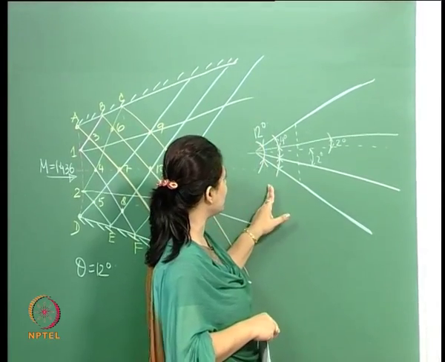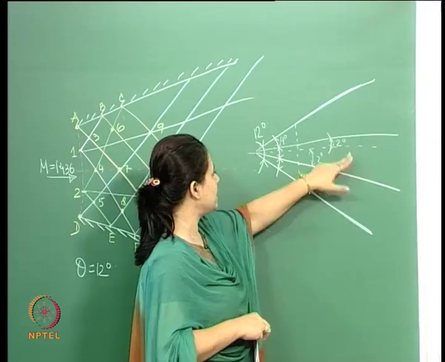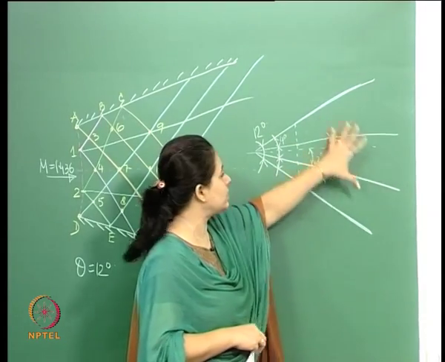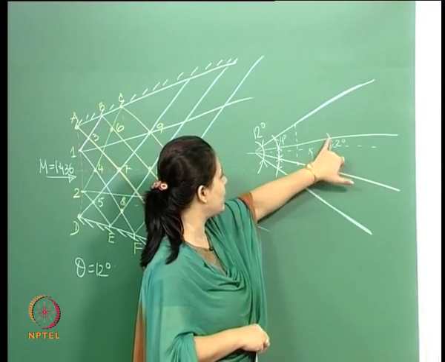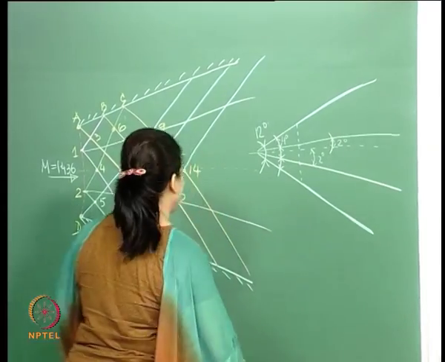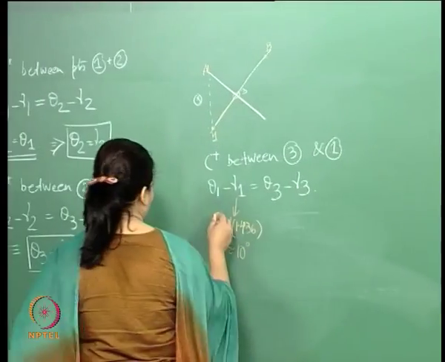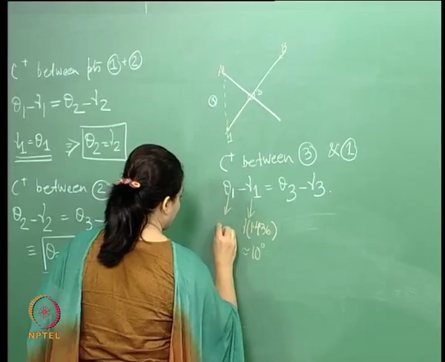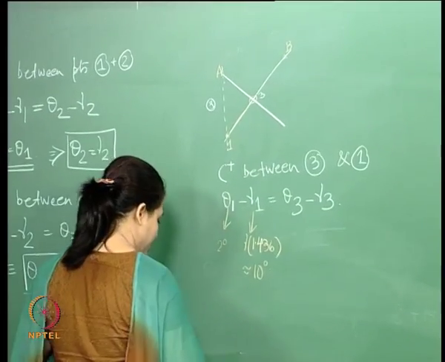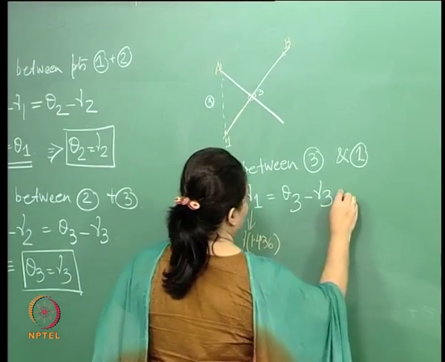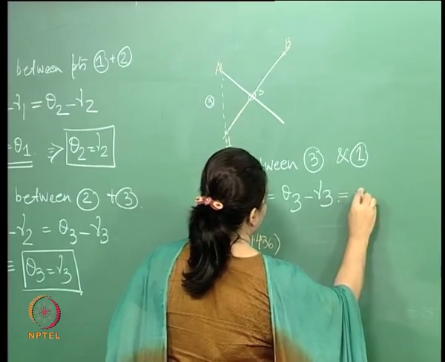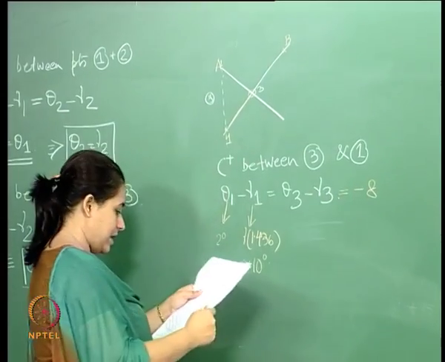This is given to us, and since we have divided this radial space into 3 parts, we found out that this is going to be 2, right. So therefore theta 1 is 2, which means that theta 3 minus nu 3 is equal to minus 8, right.